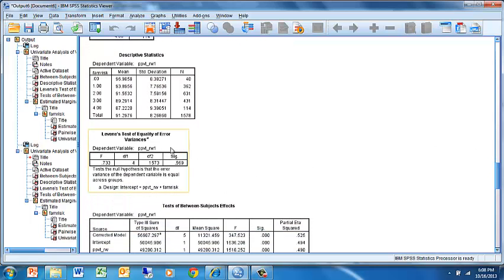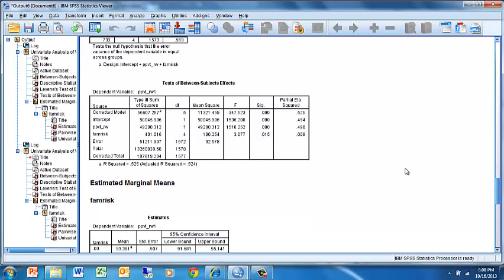We look at the homogeneity of variance test, and we see that we do not reject homogeneity of variance. That's an important assumption. So we move down and we look at our ANCOVA table, and we see that our significance value for family risk is less than 0.05, and this is the adjusted family risk. This is the adjusted effect after controlling for the covariate.